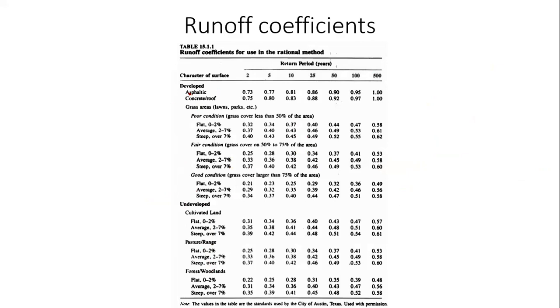You may have developed area, concrete, asphalt, grass area, and so on, and undeveloped area, cultivated land, pasture, forest, woodland, and so on. Here in the different columns, it gives you the different return periods for the different kinds of storms. Now, what do you understand return period means?